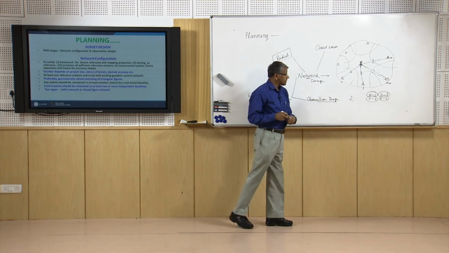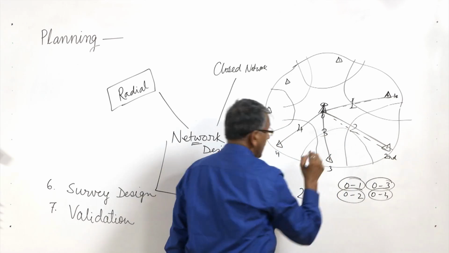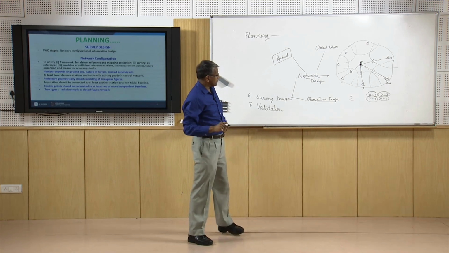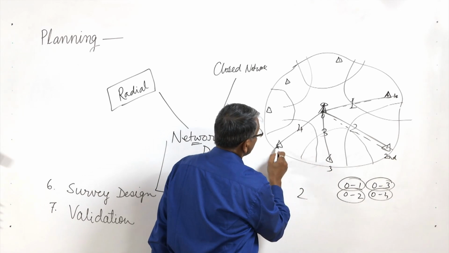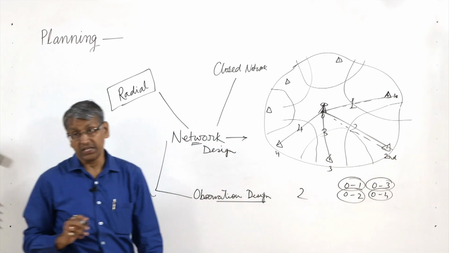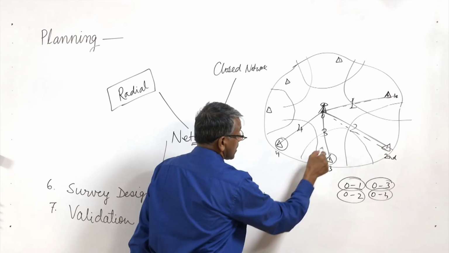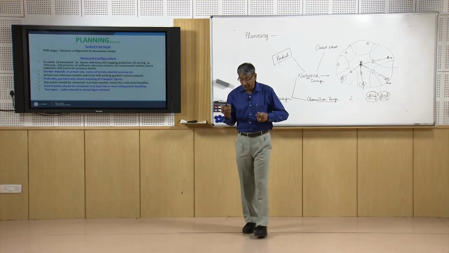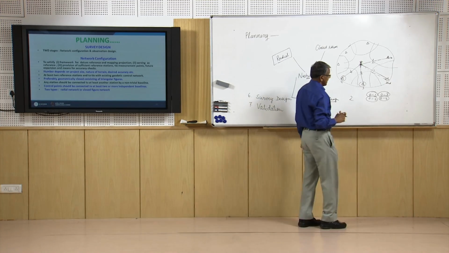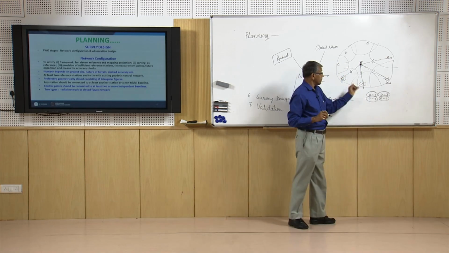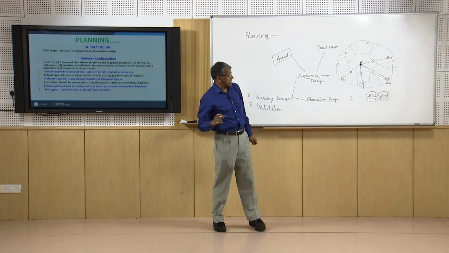In this type of observation, the relative positioning between the center and each station will be very good, but there will not be any relative positioning between adjoining stations. The position of these stations cannot be verified or restricted by geometric consideration, so the mutual accuracy achieved will be less.